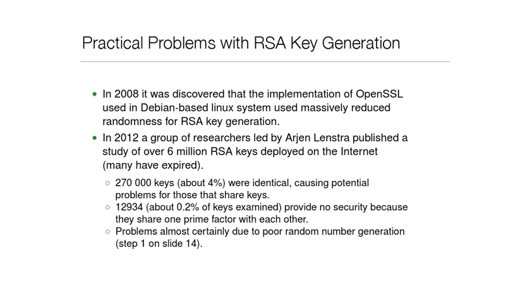And this information is about some practical problems with RSA key generation. One thing is, in 2008, it was discovered that the implementation of OpenSSL used in Debian Linux systems used massively reduced randomness for RSA key generation.